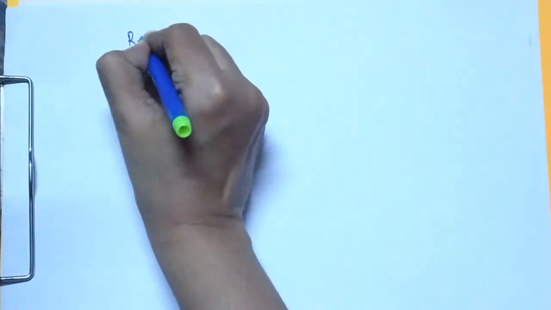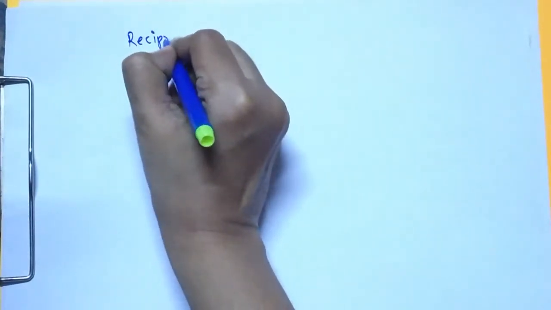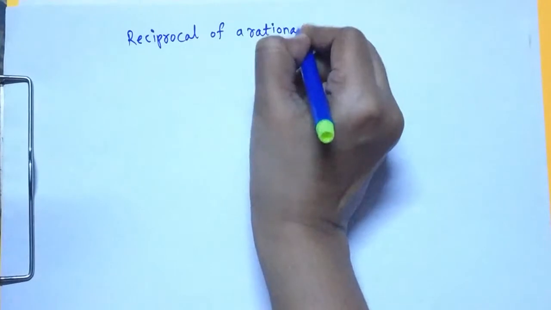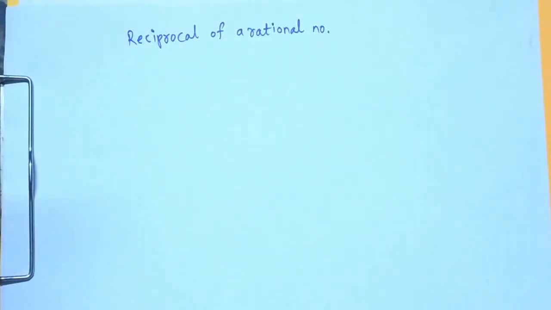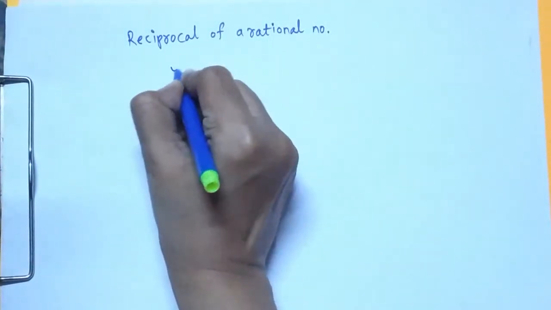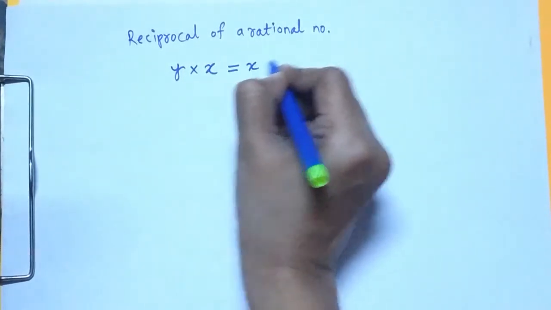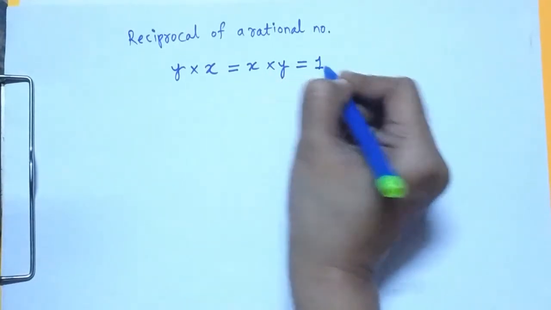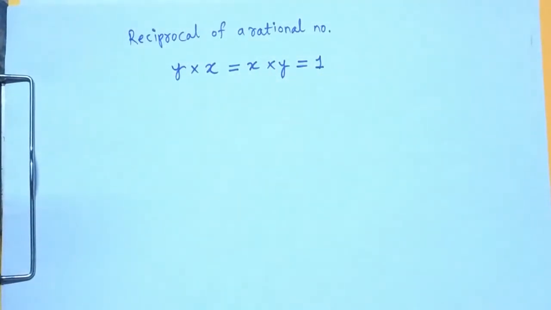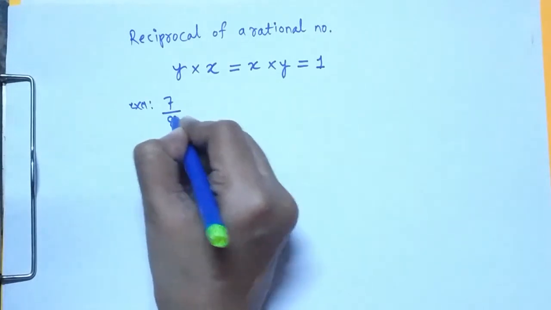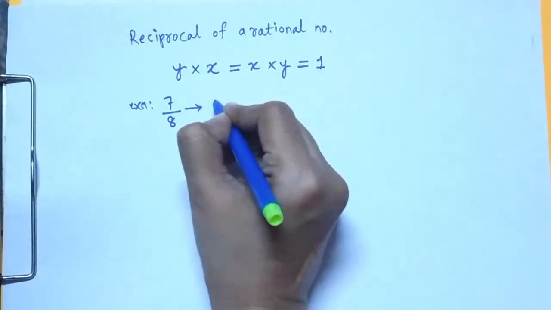Now we will see the reciprocal of a rational number. Friends, a rational number y is called the reciprocal of rational number x, such that y into x and x into y is going to give you 1. For example, 7 by 8 is there, so its reciprocal is going to be 8 by 7.